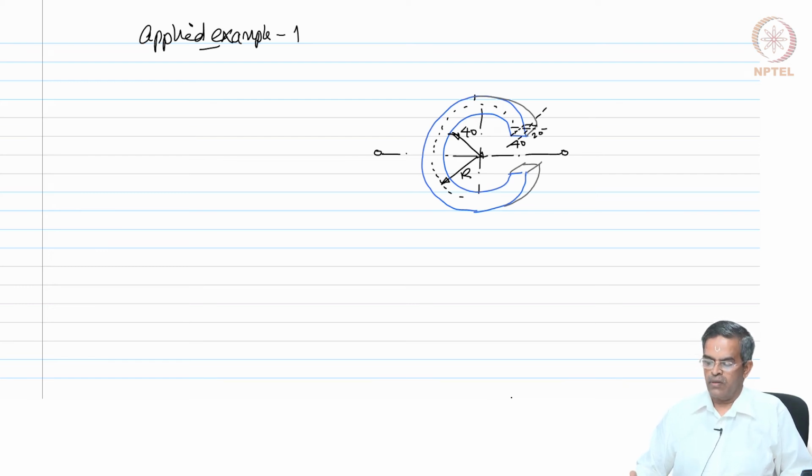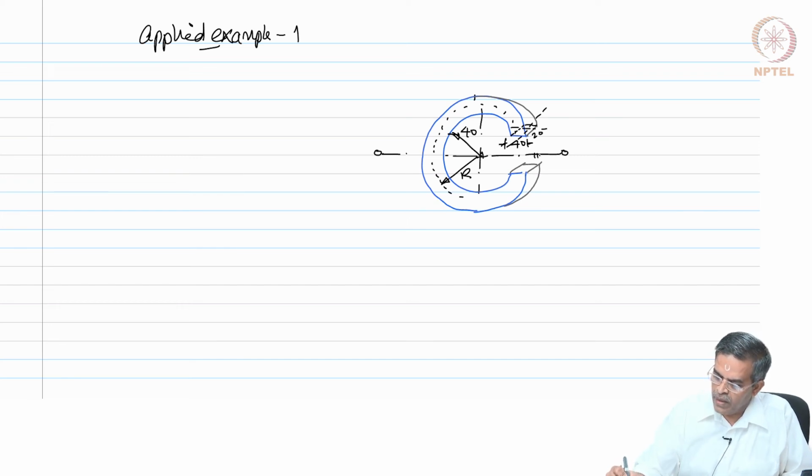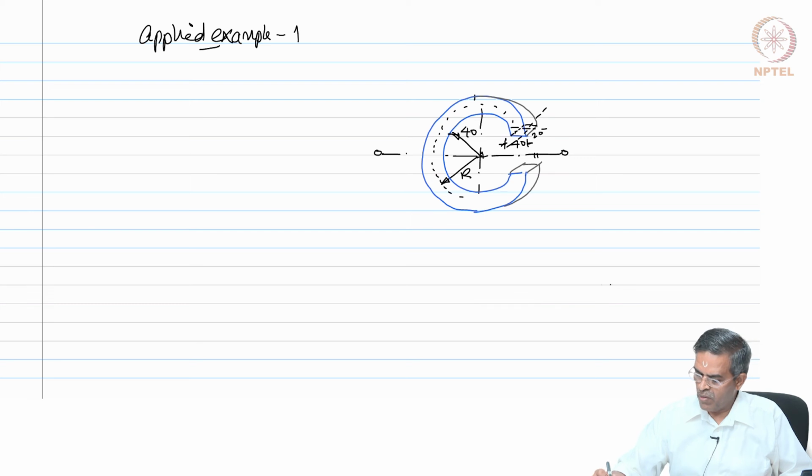Now, let us draw this cross section separately. The cross section has 40 mm parallel to the plane OO. So, let me draw the line OO.